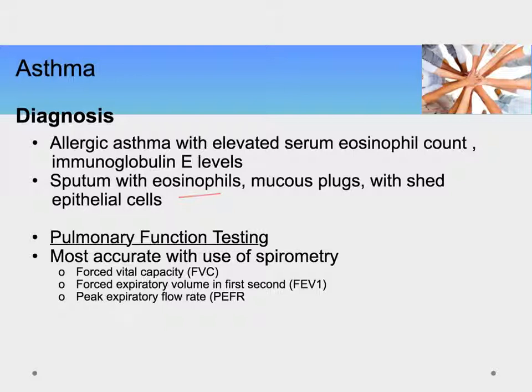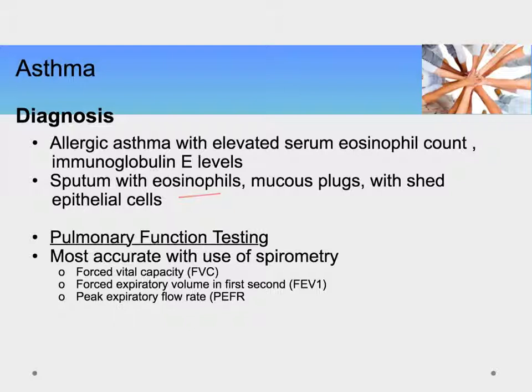At this point, we don't need to know how to interpret these results or anything. The main thing is to know that pulmonary function testing is really the best way to diagnose a patient with asthma or COPD. And these are things: forced vital capacity, forced expiratory volume, and peak expiratory flow rate.